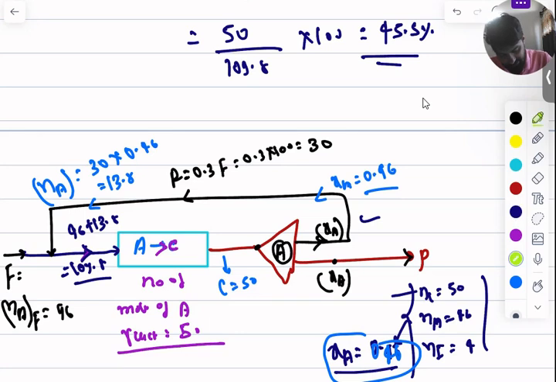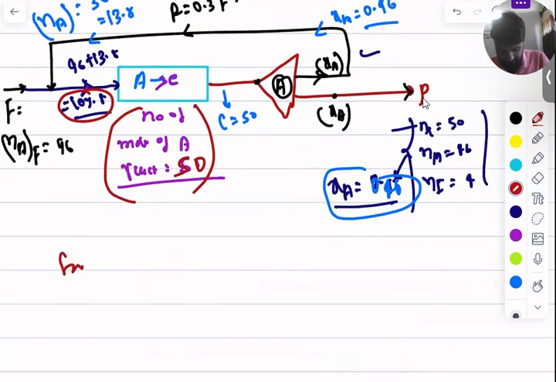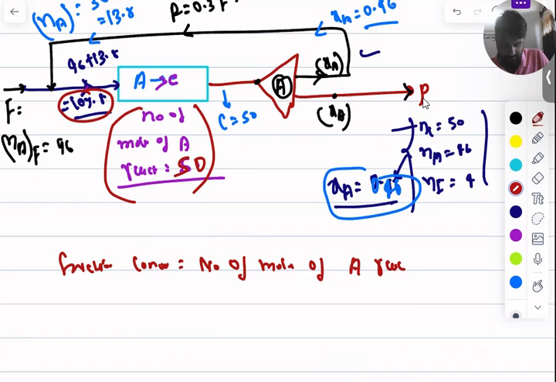So the number of moles of A at the reactor entrance is this one. The number of moles of A reacted is 50, right? Directly. That is the fractional conversion thing. So fractional conversion will be equal to the number of moles of A reacted divided by the number of moles of A at the reactor inlet.